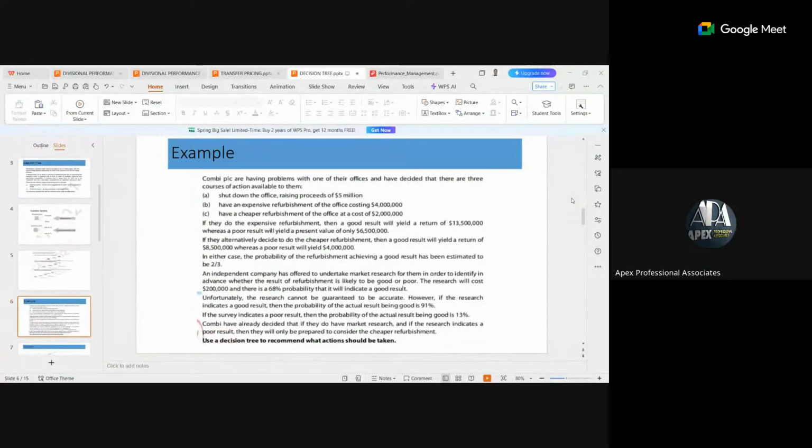And when it is to shut down, you don't have any issue with that. It's just for you to sell and get 5 million naira. So once you are shutting down, you don't have option of outcome being good or bad, because you are shutting down. What you need is to recoup your money.